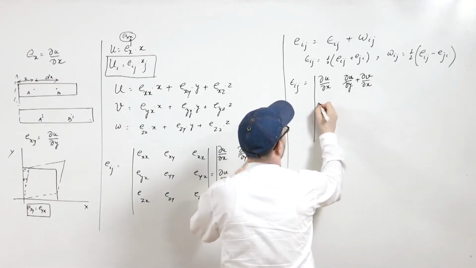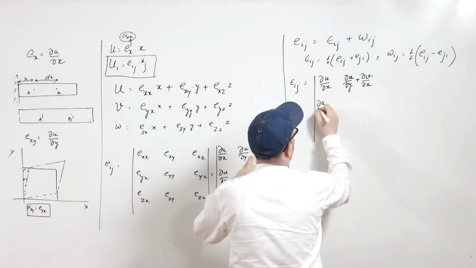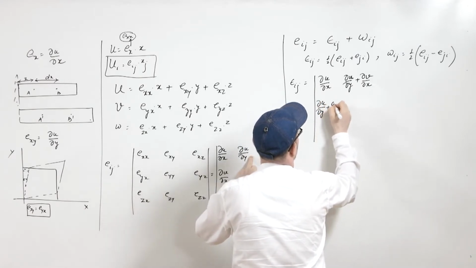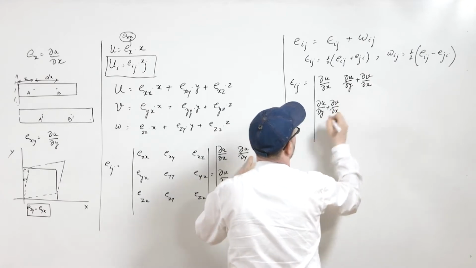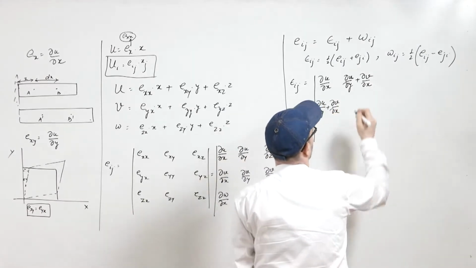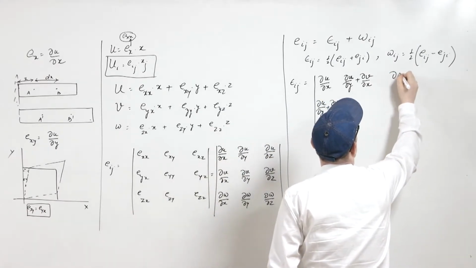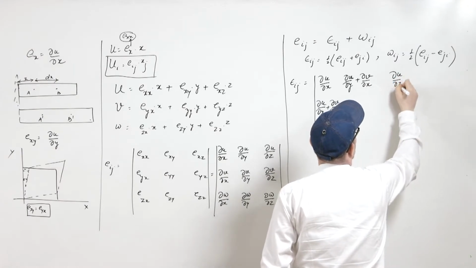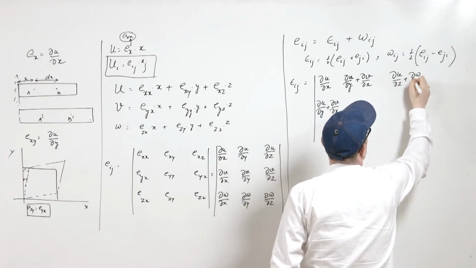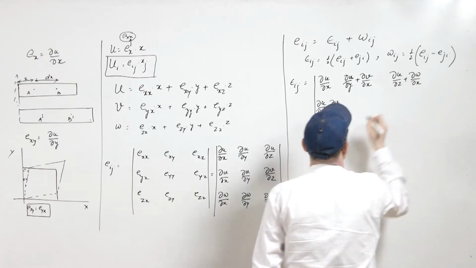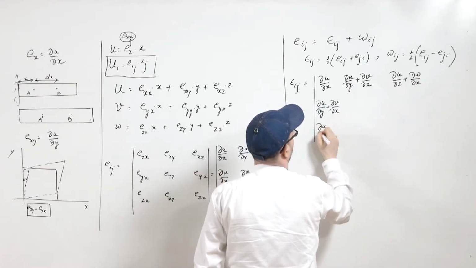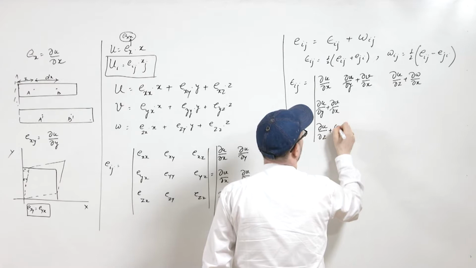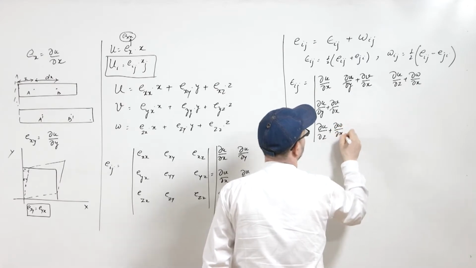Similarly here it will be dou u by dou y plus dou v by dou x. So this is a symmetric matrix. Then this will be dou u by dou z plus dou w by dou x, and similarly here dou u by dou z plus dou w by dou x.